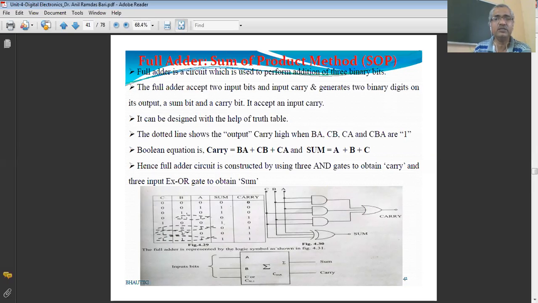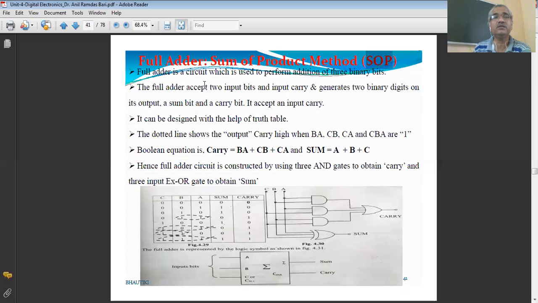Taking these values, this is the output sum, and this is the carry. So we can design the full adder circuit using this other method known as the sum of product method.